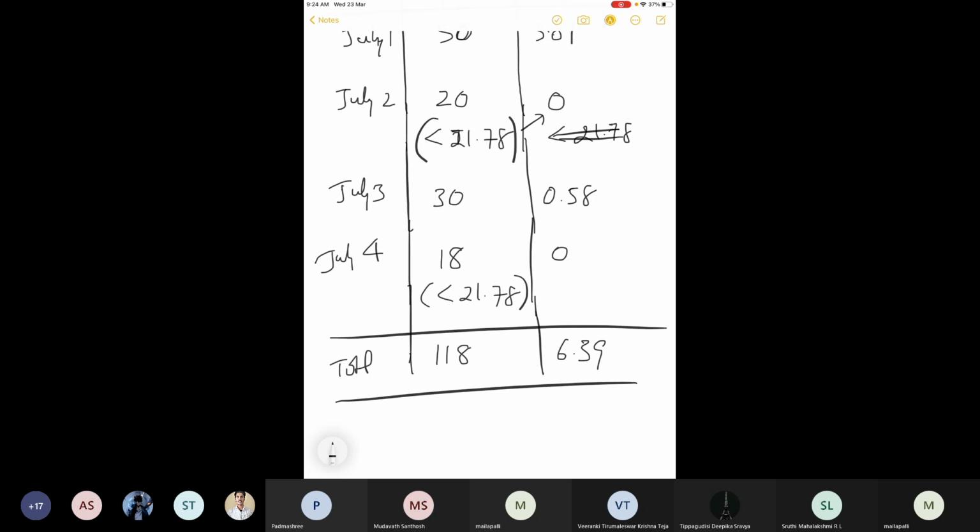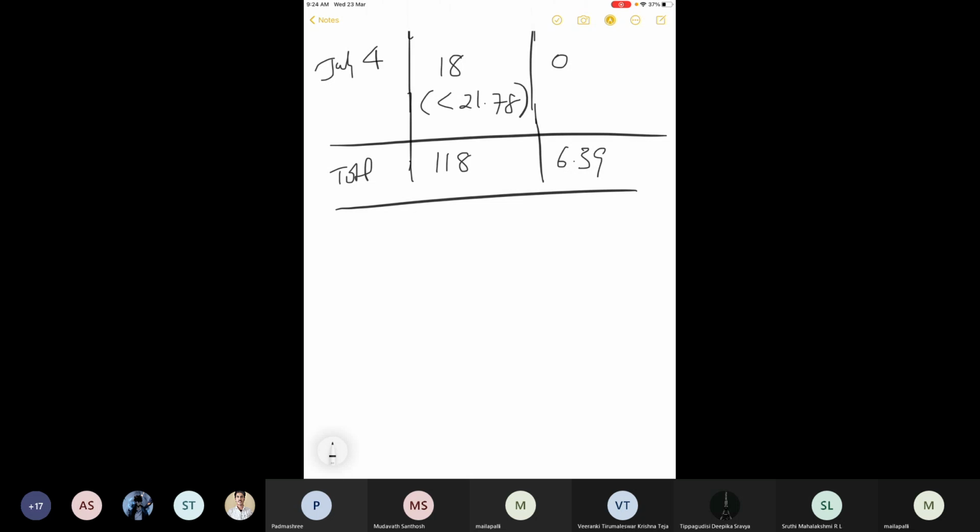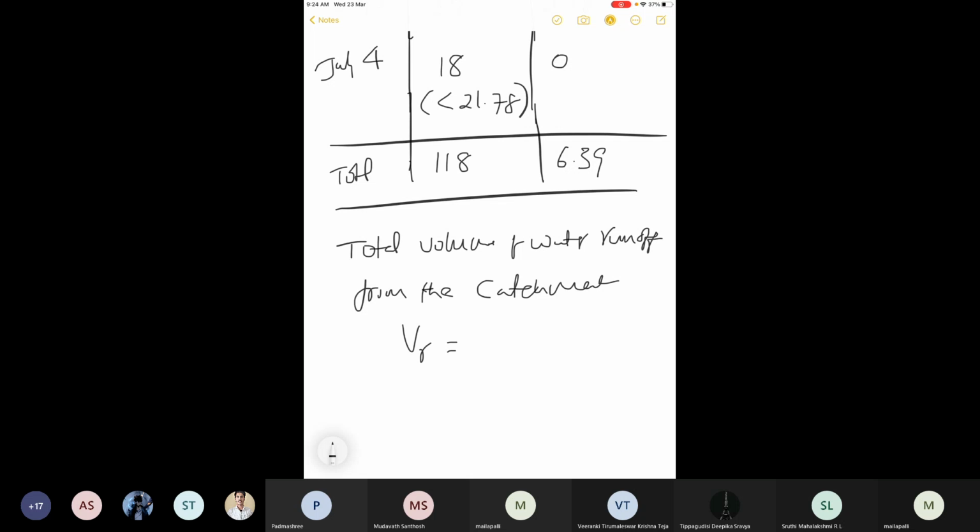Okay. So from here, the total runoff volume of water from the catchment, let's say VR, you have to find out.